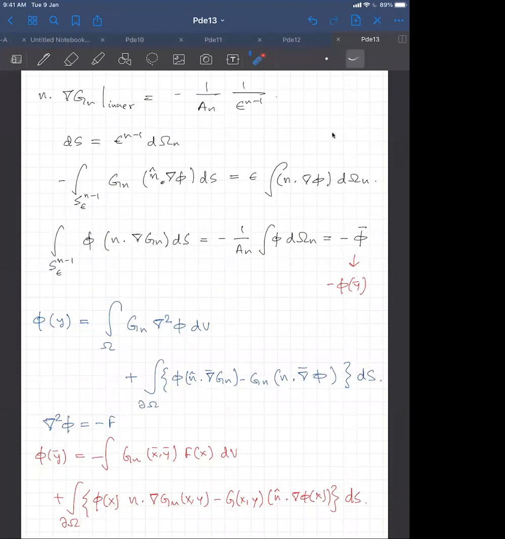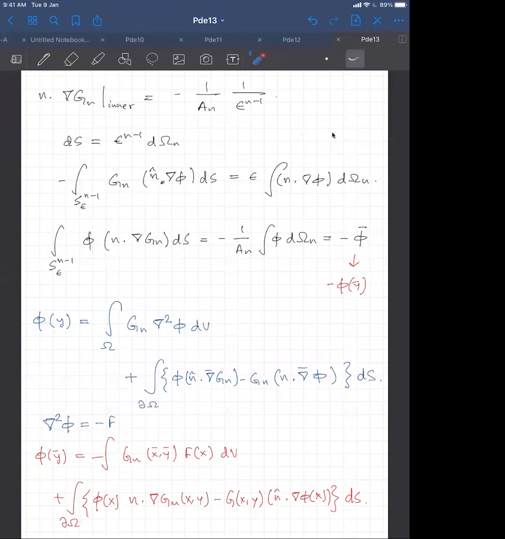But we already know that if omega is a compact domain with a boundary del omega, then specifying phi on del omega alone is enough to give you a unique solution to Laplace's equation. This is just the usual Dirichlet boundary conditions.